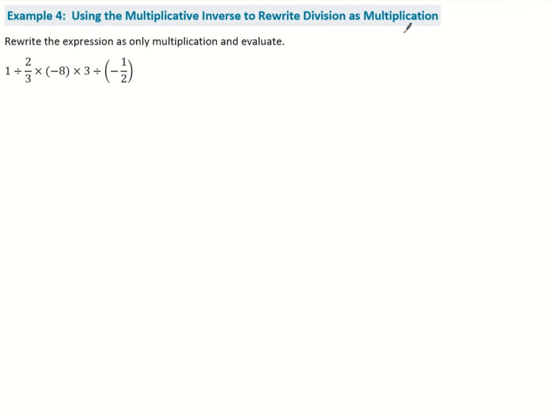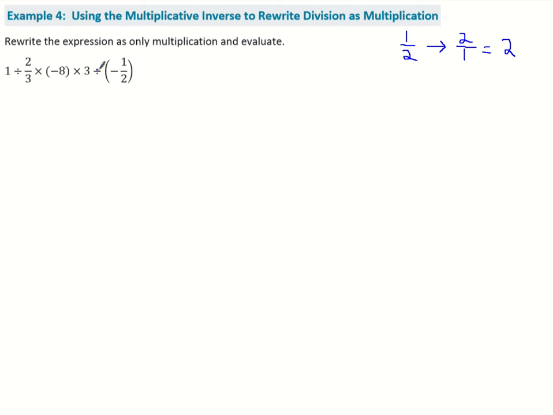What we do is take our fraction. So, for example, if I had 1/2, my multiplicative inverse says, hey, take that and flip it upside down. Put it on its head. It's going to be 2 over 1, or just 2.